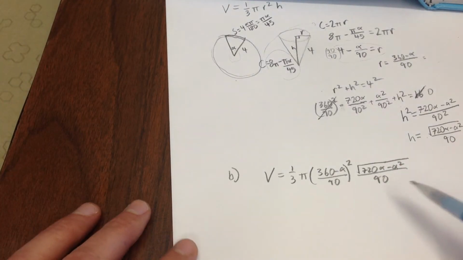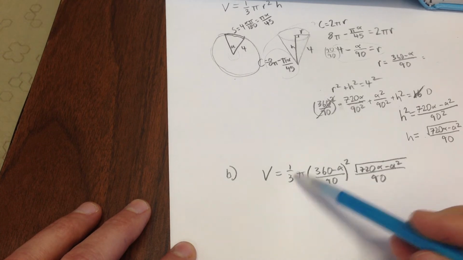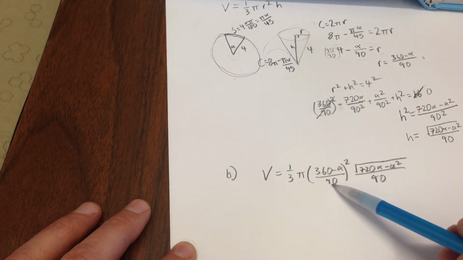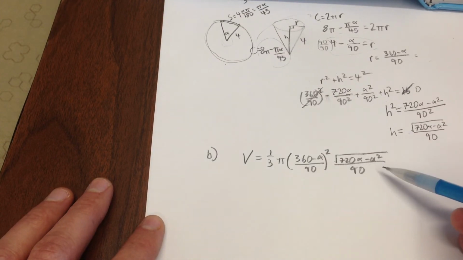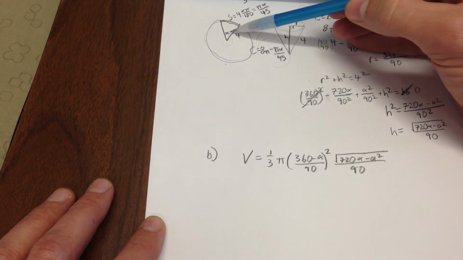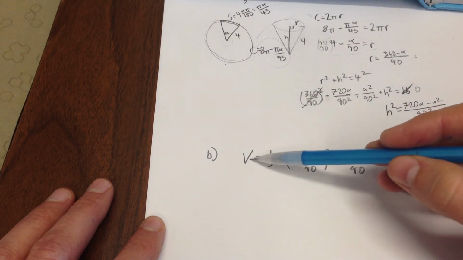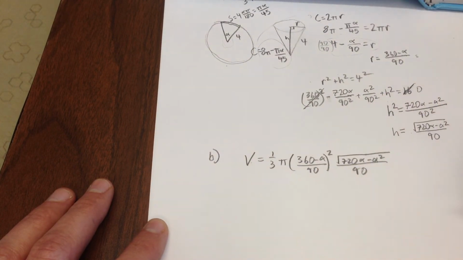If you really wanted to, you could combine this fraction, that fraction, and the 90 squared here. But I think this is about as simple a form as you're going to get. So that's the general function. If you give me alpha in degrees, that will give you the volume.